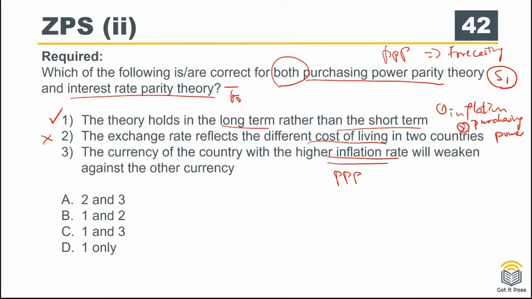It doesn't mention the inflation rate. Whether an inflation rate change will weaken or strengthen a currency is a discussion under purchasing power parity theory. So this is not correct. Then is only the first statement correct? The answer is D here.